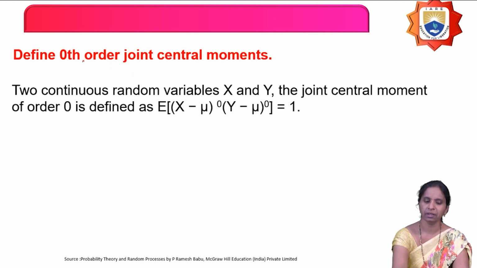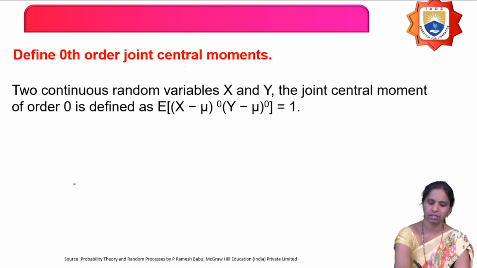In a similar manner we can define them for central moments also. What is the first definition here? Define zeroth order joint central moments. So what is the joint central moment? It is mu n comma k equals expectation of x minus x bar power n into y minus y bar power k.